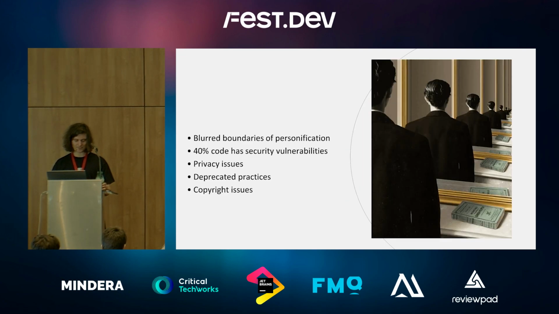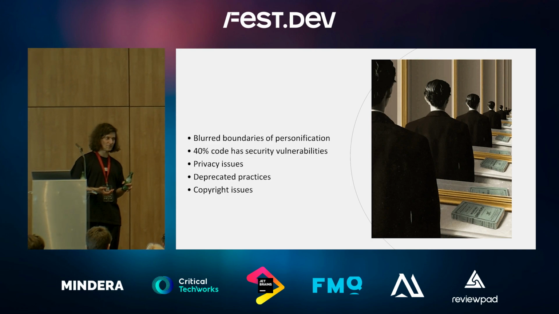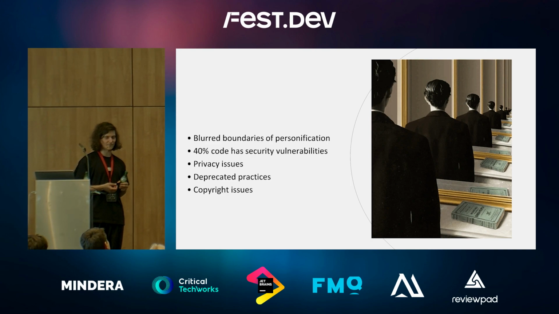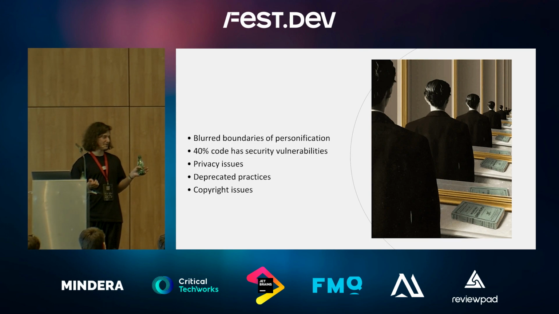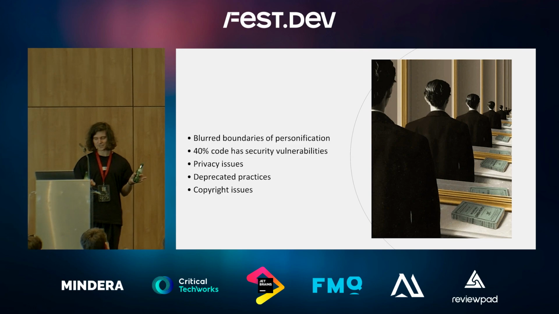And the last thing is copyright issues. Any data that we used for training AI models was taken from publicly available resources. The problem is that people didn't give agreement for this. And people started to file lawsuits about what should happen if people didn't want their data used inside these models.